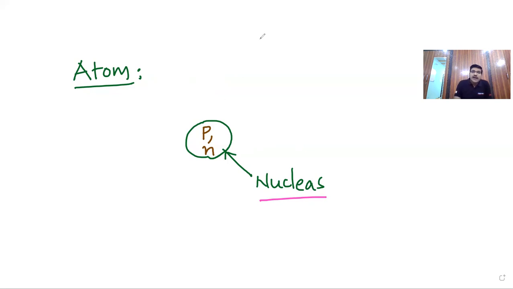Clear? And surrounding this nucleus, there are orbits. This is the orbit. In these orbits, electrons move around.